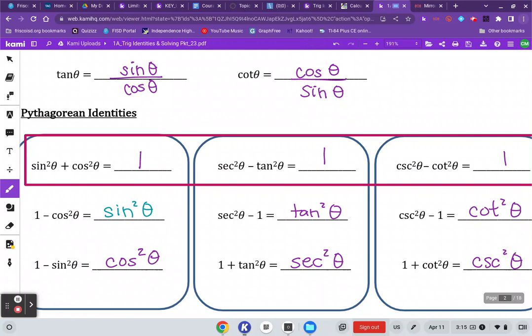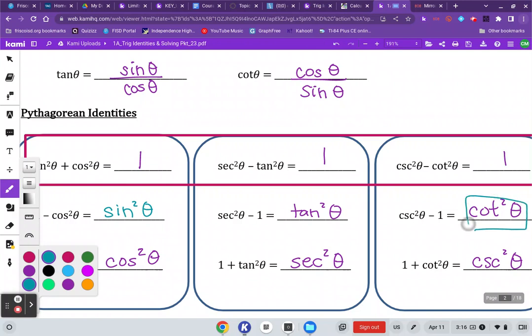Let's say I'm trying to solve an equation, and in my equation I have something that looks like this. It's cotangent squared of theta. In my equation then, I could replace the cotangent squared with this expression, cosecant squared minus 1.